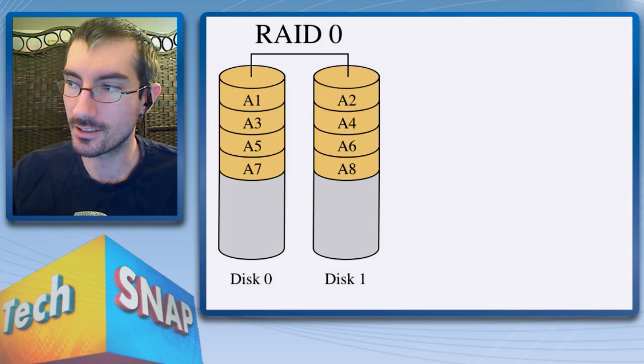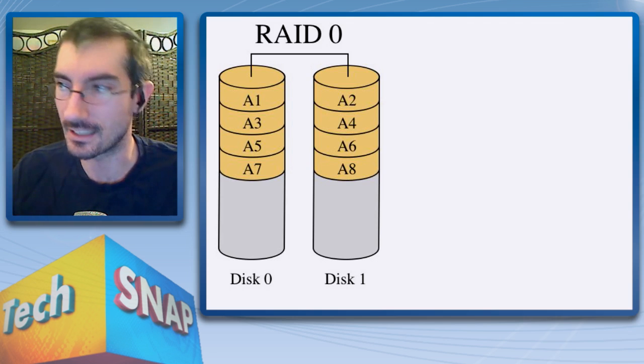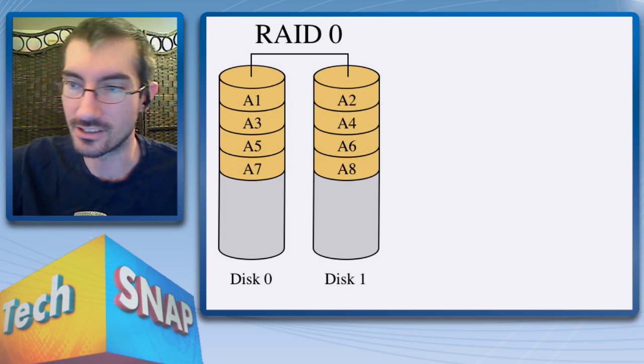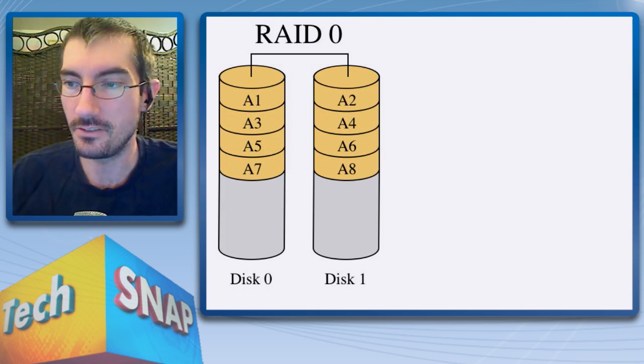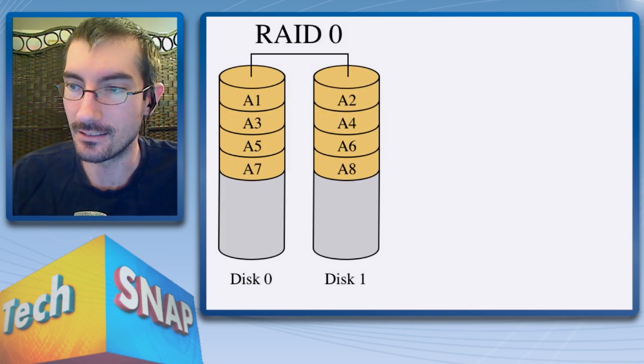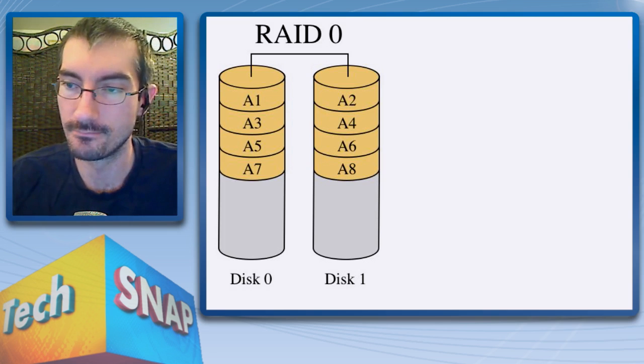The first block goes to the first disk, the second block goes to the second disk, and then back to the first and second, or depending how many disks you have, it just gets spread out. So if you write, say, 10 megabytes of data, it's getting written half to one drive and half to the other drive. That means both drives are writing at the same time, so you can write that data down twice as fast.